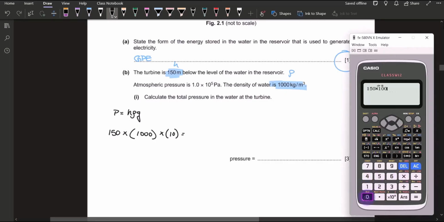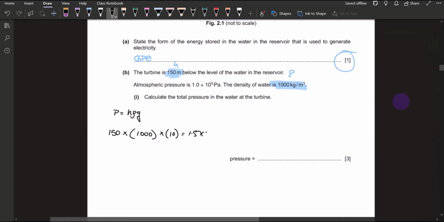150 into 1000 into 10, which is going to give us our answer as 1.5 into 10 raised to the power 6. And since it's asking for total pressure, we have to add the atmospheric pressure to the pressure we calculated here.